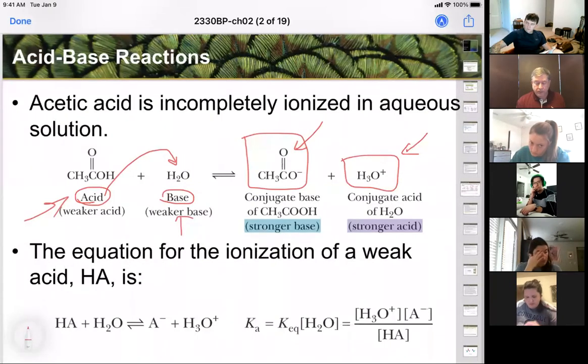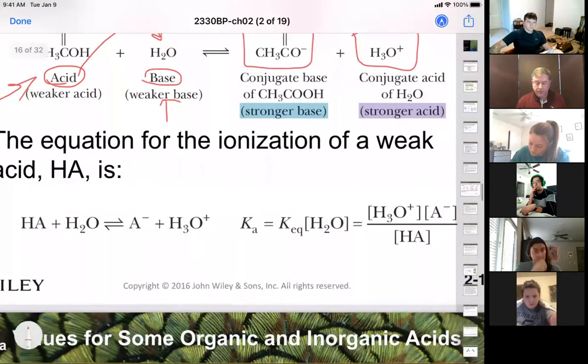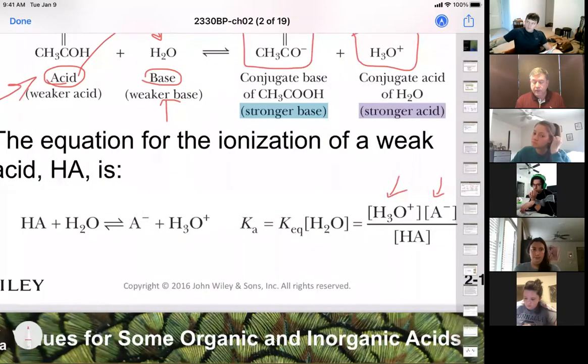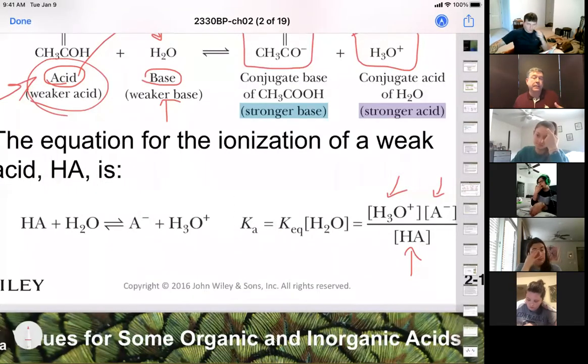So if we had our equation set up this way right here, and we took the concentration of our conjugate acid times the concentration of our conjugate base over the concentration of the original acid. And since water is usually in excess there, we kind of take that out of the equation. And when we do that, we end up with what we call a Ka, which is an acidity equilibrium constant.